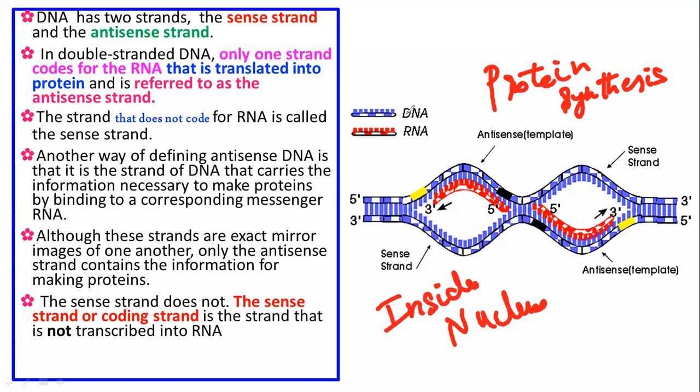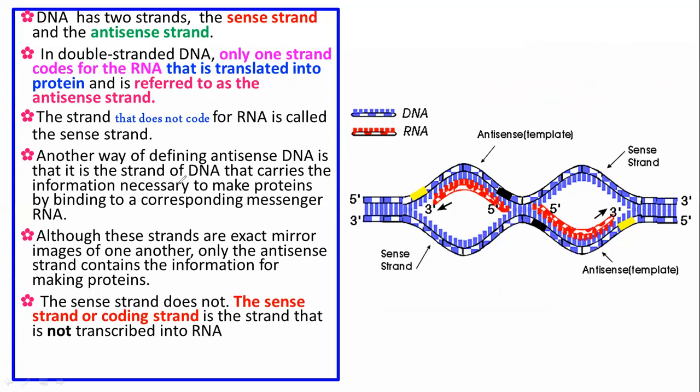So the DNA is not coming out from the nucleus. The DNA is sending its messenger in the form of RNA, in the form of a code. Another way of defining this antisense DNA is that it's the strand of DNA that carries the information for making proteins, and it prepares a new RNA strand called messenger RNA.